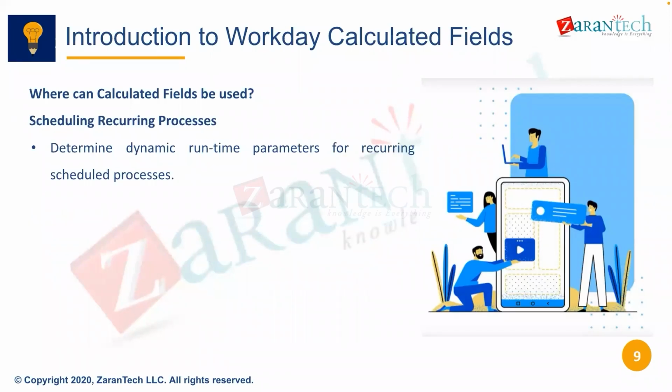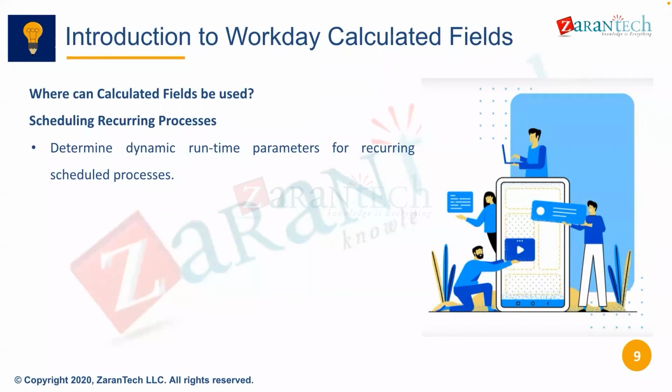Another place where you can use a calculated field is scheduling, right? As part of our reports and integrations, you will always have, let's say, a report running daily. One example I gave you is about the birth date thing. I want the managers to be notified of their reportees' birth dates every single day.